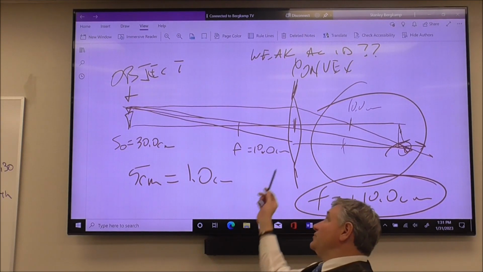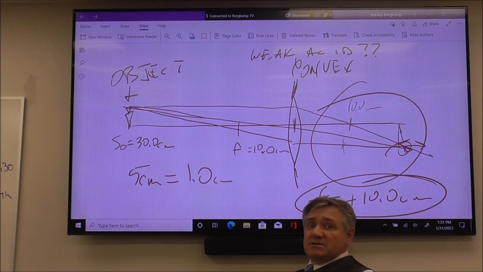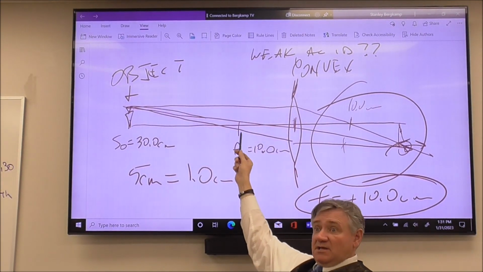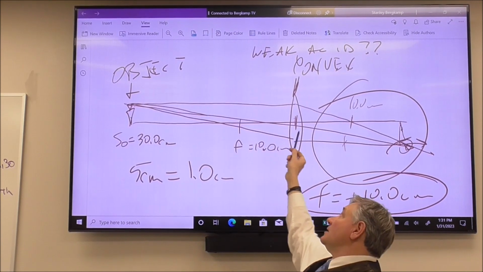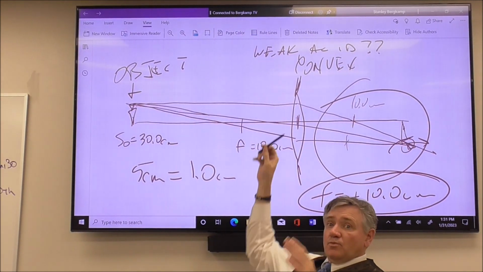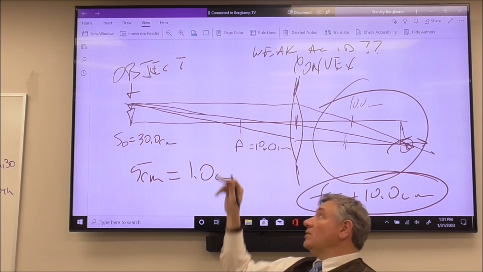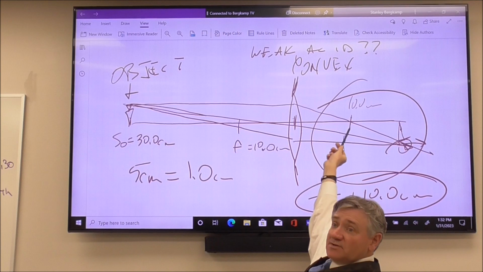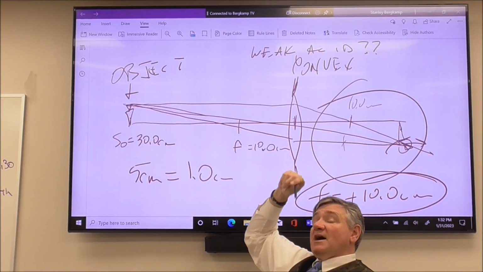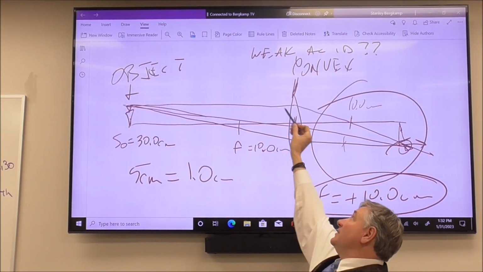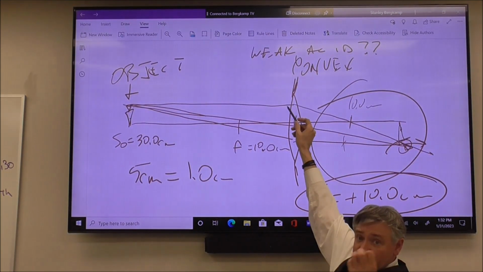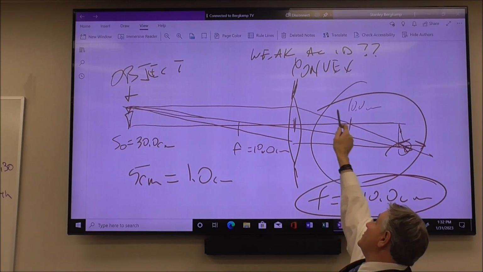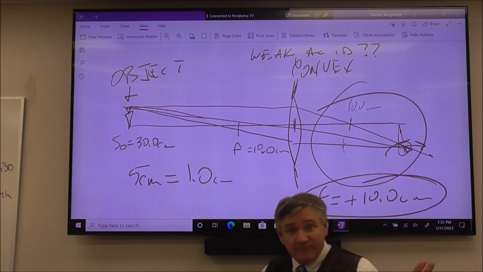Now, if you look at this and you submerge this in water, water has a bigger index of refraction. So if you put this into water where the indexes of refraction are closer, that light won't get bent as much, and you would actually shift the focal length, and your focal length would get farther away.